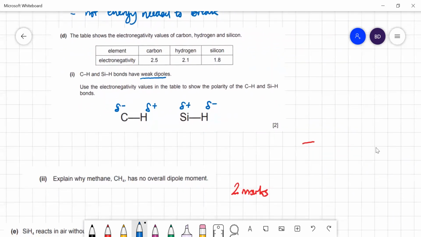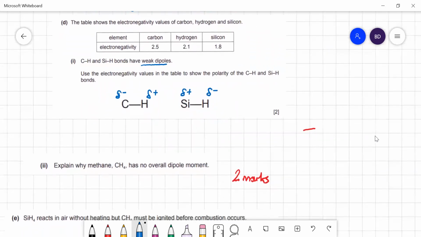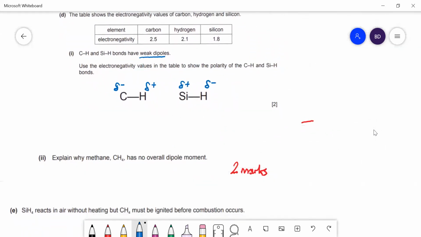Explain why methane has no overall dipole moment. As we see in there, the bond is ever so slightly polar, but there's no overall dipole because methane is a tetrahedral molecule. So I'd write that down.